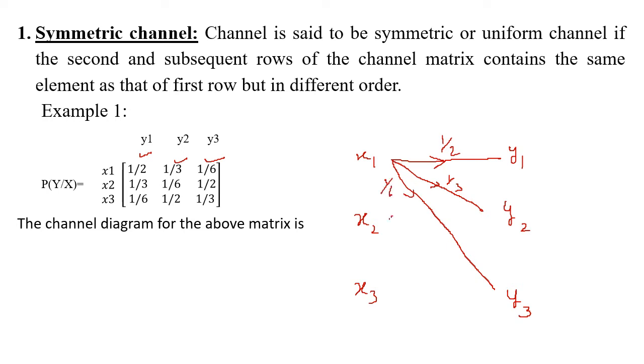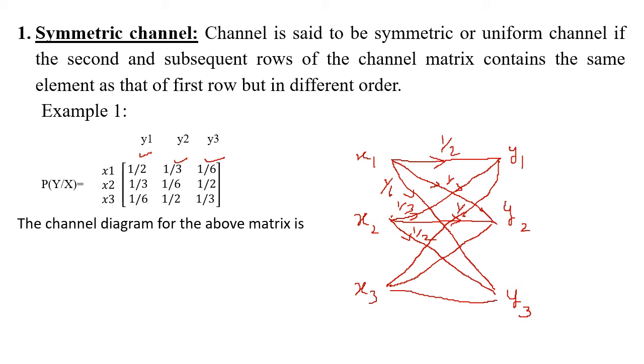Similarly, x2 to y1 is 1 by 3, x2 to y2 is 1 by 6, and x2 to y3 is 1 by 2, as per the channel matrix. Similarly, for x3 to y1, y2 and y3, the respective values are 1 by 6, 1 by 2 and 1 by 3. So this is the channel diagram for the given channel matrix.